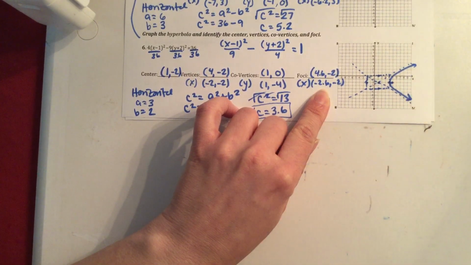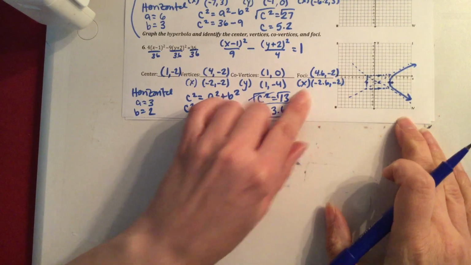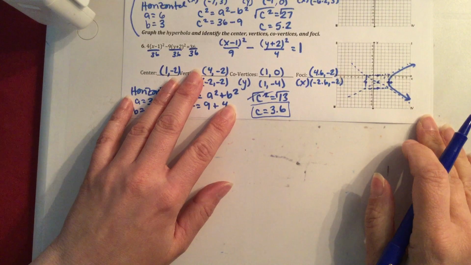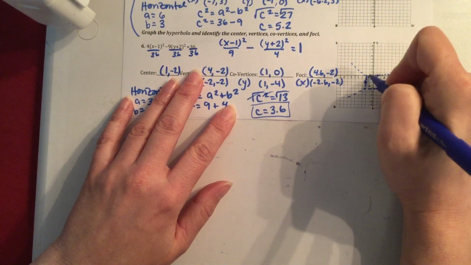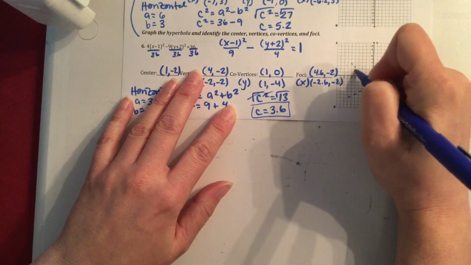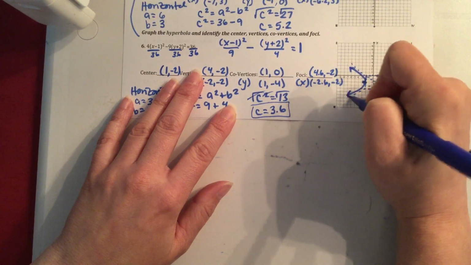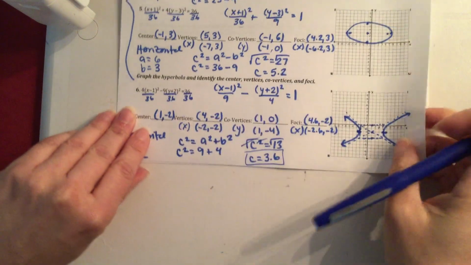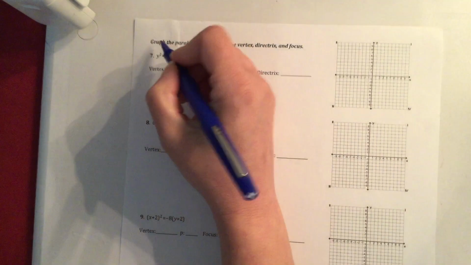You go ahead and make sure that the focus point is inside of the branches and you use the asymptotes to see how wide. Now -2.6, go down to, again, it's outside of the box. Go ahead and hug that focus. So this was the review for the hyperbola. Backside, you guys, and we're done.